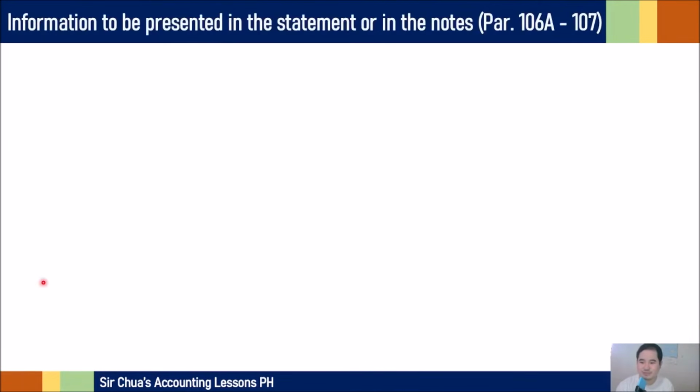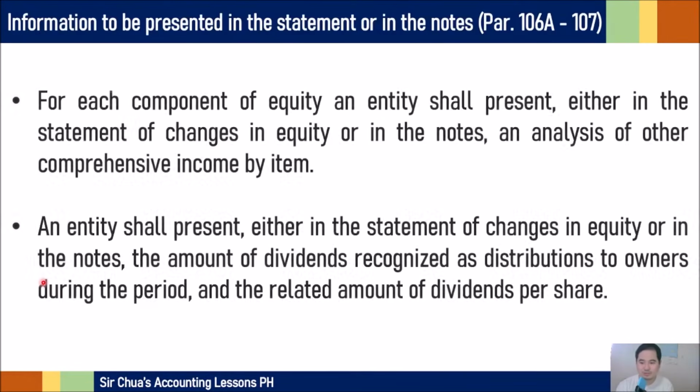Okay, so information to be presented in the statement or in the notes for each component of equity: an entity shall present, either in the statement itself or in the notes, an analysis of other comprehensive income by item.